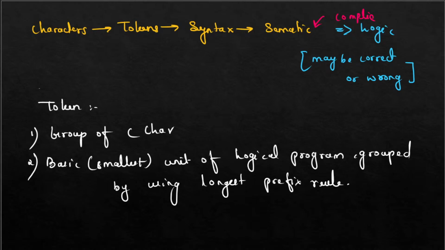Let's discuss types of tokens. What are the different types of tokens? So the very first type is keywords.